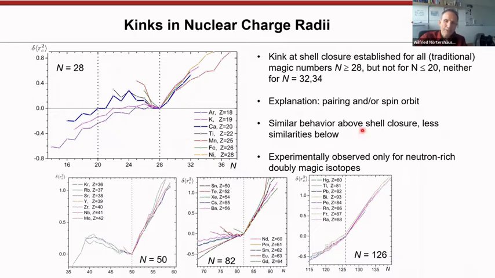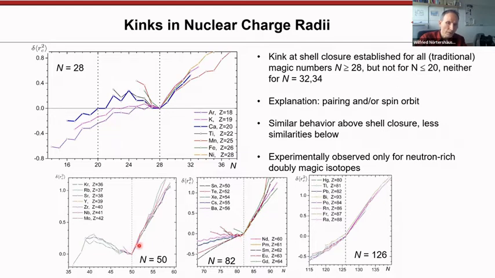We also discussed yesterday that the explanation for this might be pairing and/or spin-orbit. And you see that in all cases you have very similar behavior above the shell closure, whereas below the shell closure it's different. You have quite diverging behavior here at N equals 28, also at N equals 82, and more similar at 126 and at 50. So far, doubly magic nuclei are only measured in the neutron-rich region.